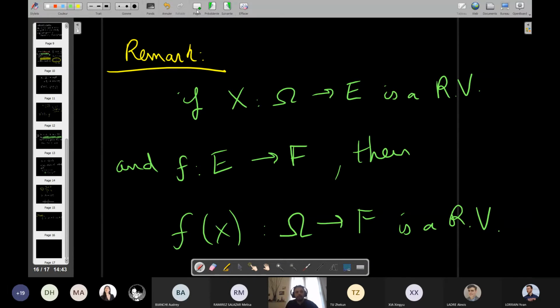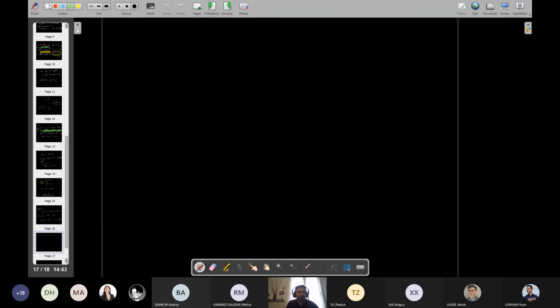An example I can give you, and I will ask Alexis to correct me because I don't remember the formula. Can you please, Alexis, recall to me what's the formula of BMI? It's the mass divided by height squared, no, I think.